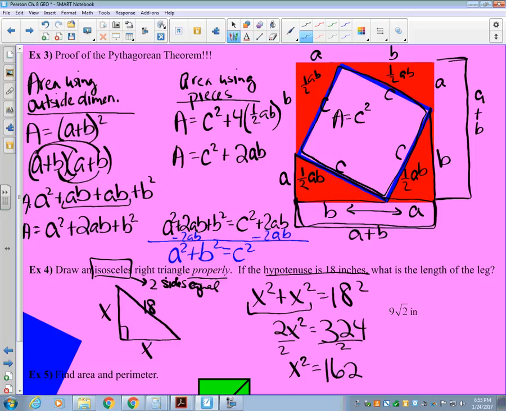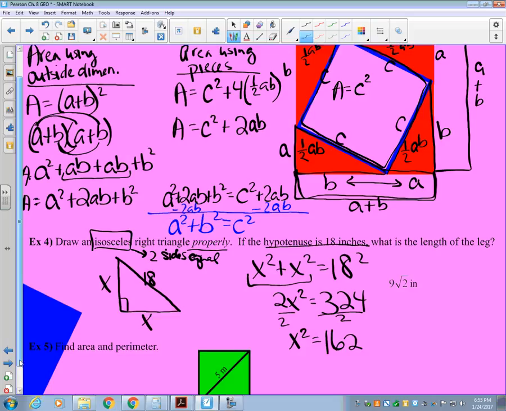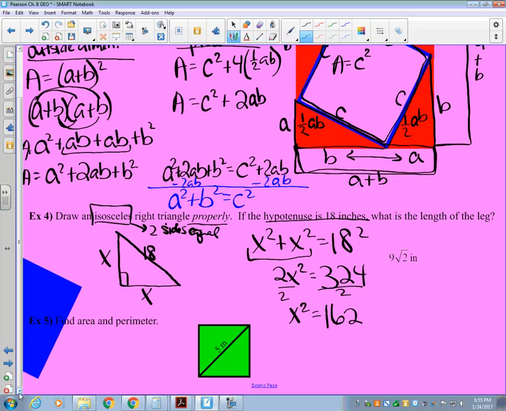Unfortunately, 162 is not a perfect square. So we're going to have to simplify the 162. So x is equal to, if we look, 162 splits up into 2 times 81.